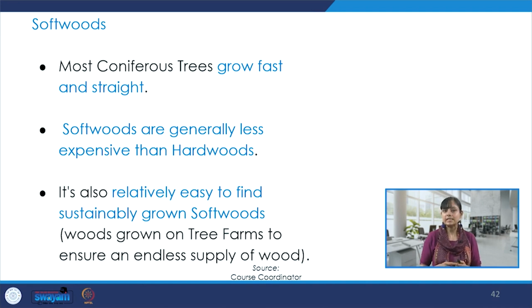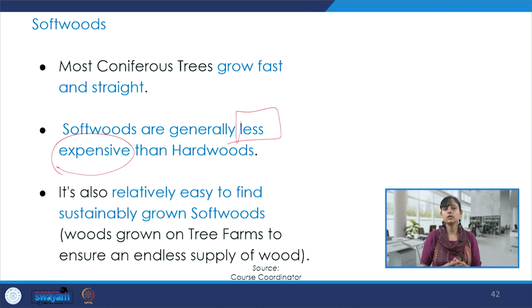Softwoods are generally less expensive than hardwoods. So this is one reason why they are selected for projects if the budget is a concern. And the important thing is that it's also relatively easy to find sustainably grown softwoods. I mean, they can replenish easily, they can grow and replenish within a few years.